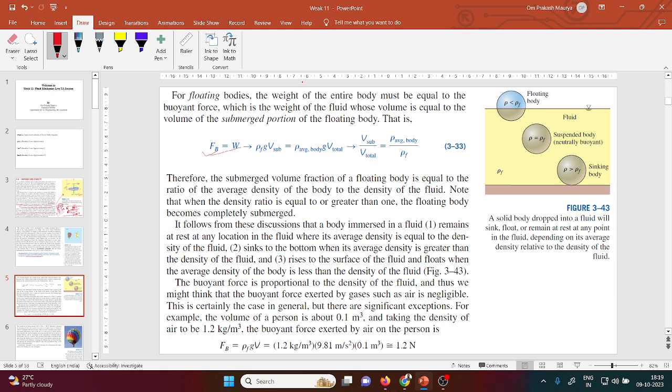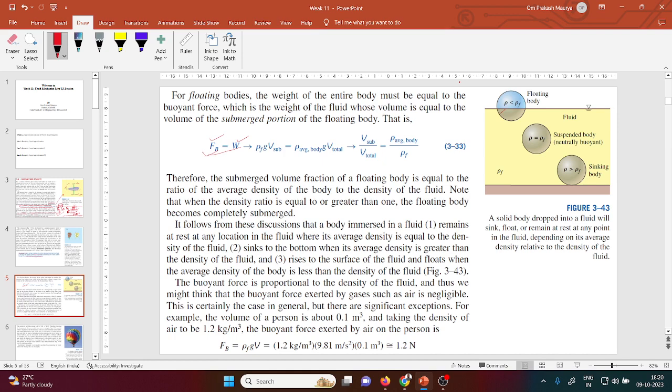In the case of a floating body, the weight of the body and the buoyant force should be equal, which is nothing but the weight of fluid whose volume is equal to the volume of the submerged portion of the floating body.